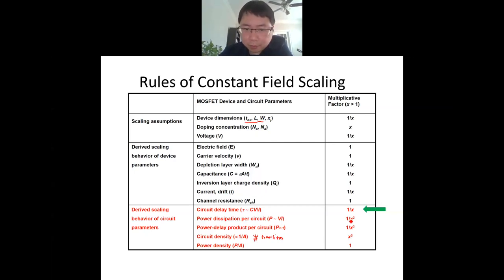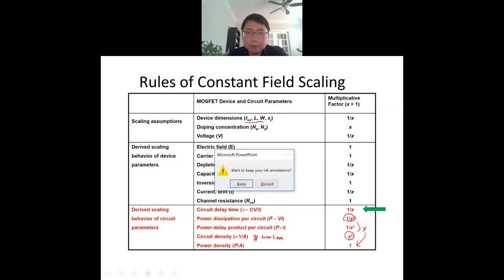So if you multiply the power dissipation per circuit and the number of circuits together, you get the total power density, because this is P, this is 1 over A. So you get the total power density, P over A, and this will become 1. This is power density. So this is the conclusion we have from the Dennard scaling if we use this constant field scaling.